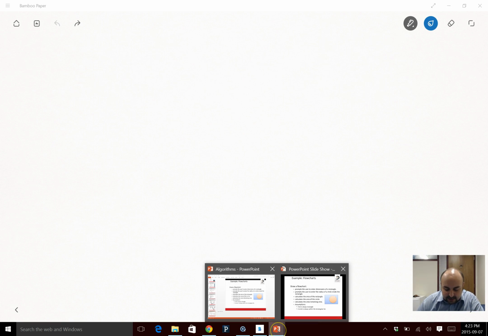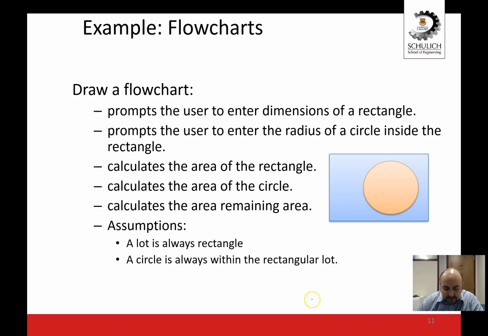So let's look at this example that I have at the end of my slides. Let's say we have a rectangular lot, and we're going to have a circular roundabout in the middle of that lot. And the problem is we would like to find out what is the remaining area after putting the roundabout in the lot.